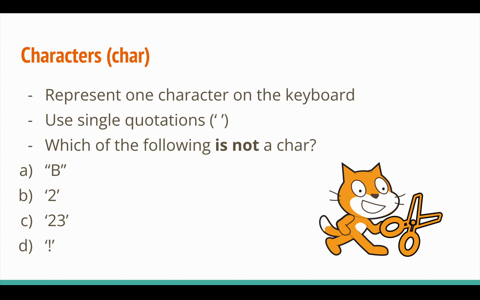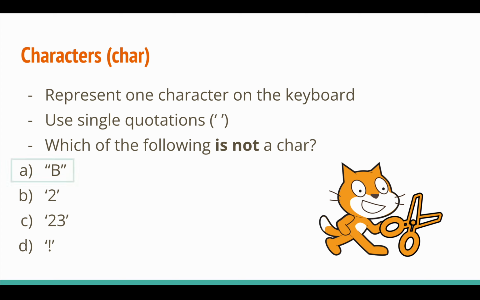Next, we have characters or char, and it represents one character on the keyboard, and it is denoted by a single quotation mark. So unlike strings, which is double quotation marks. So which of the following is not a character or char? Pause and think about it.